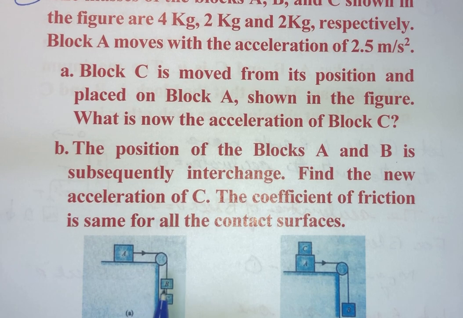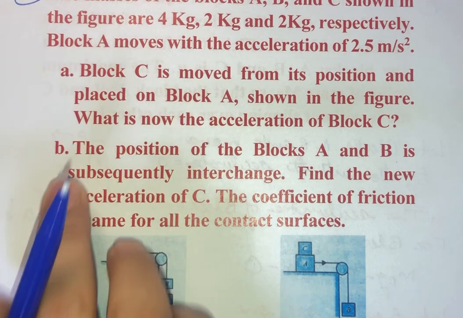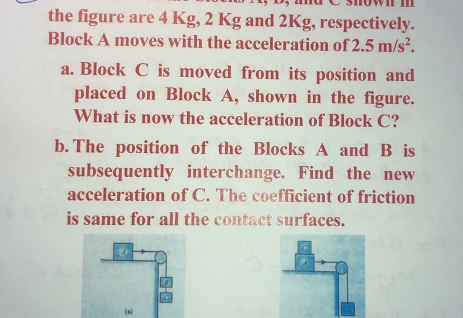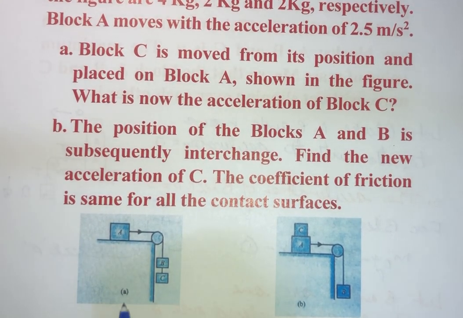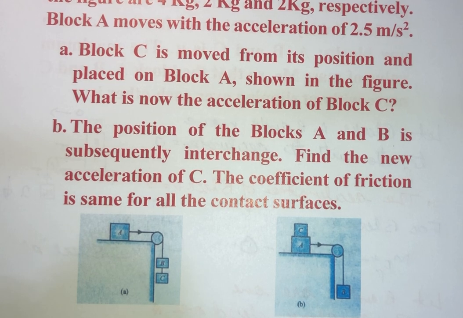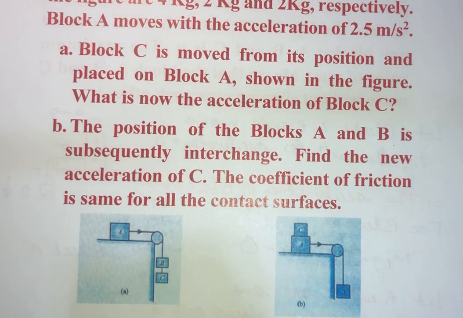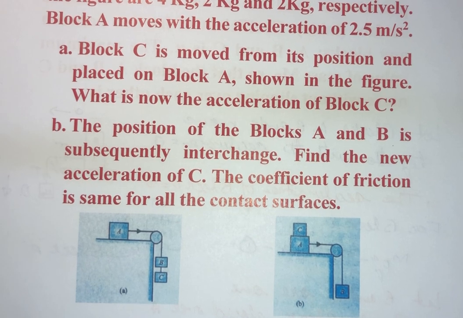First of all we are going to use this part to solve it and find out various things that will be further used for part A as well as part B. Let us call this figure A. From figure A, it is given that block A moves with an acceleration of 2.5.